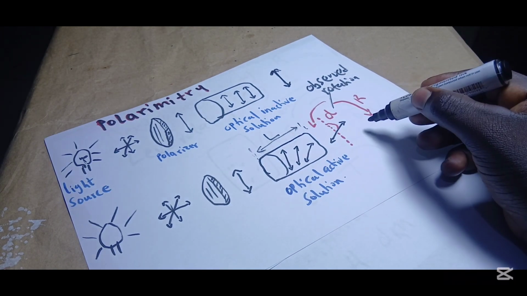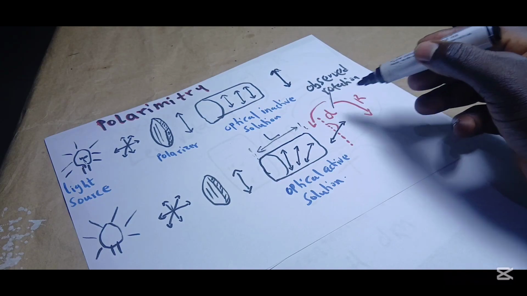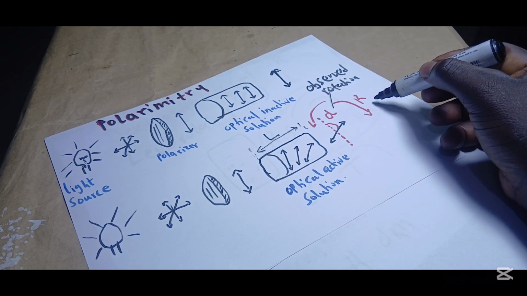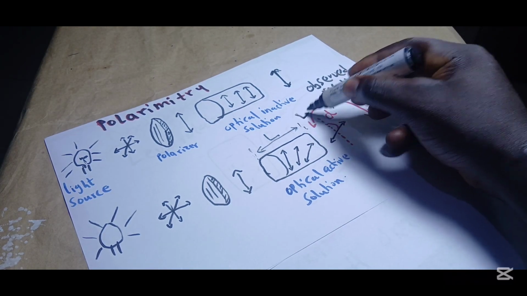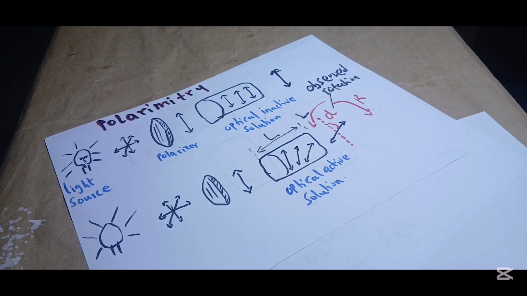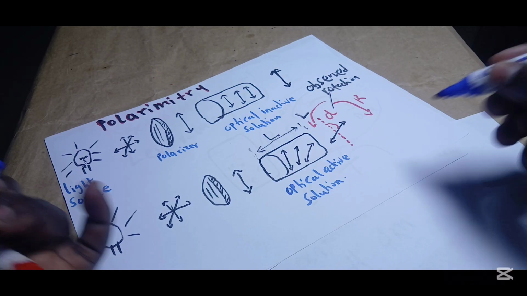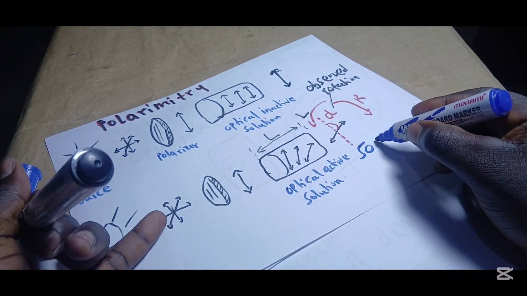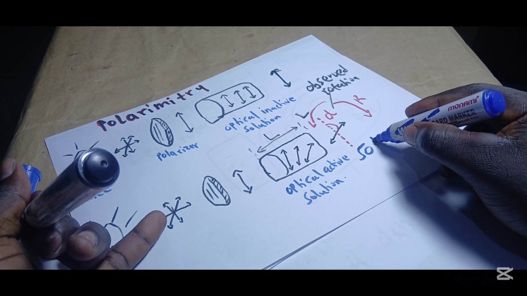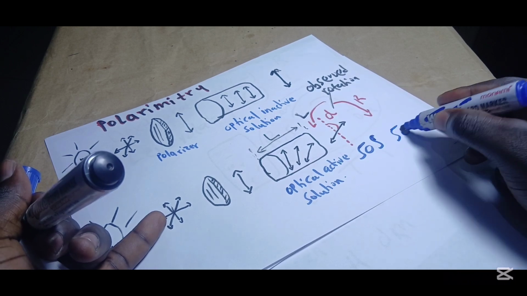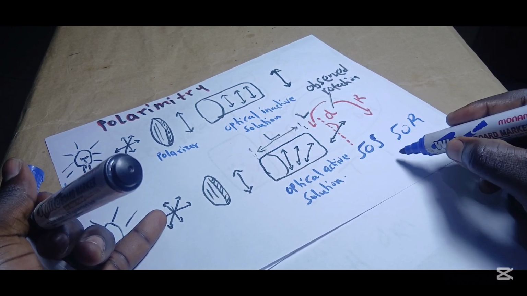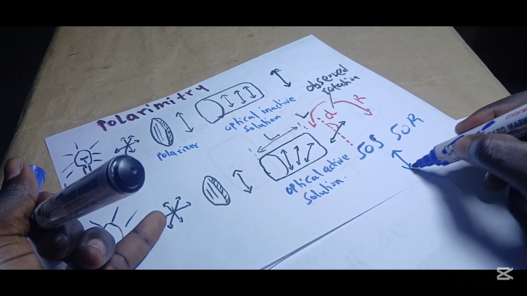In a case where we have the R turning it to the right and the S turning it to the left, and we have 50% of the S and 50% of the R, it means that there's not going to be rotation, right?